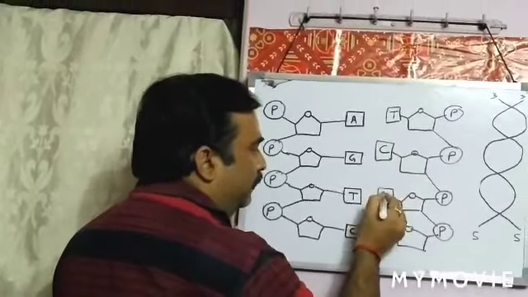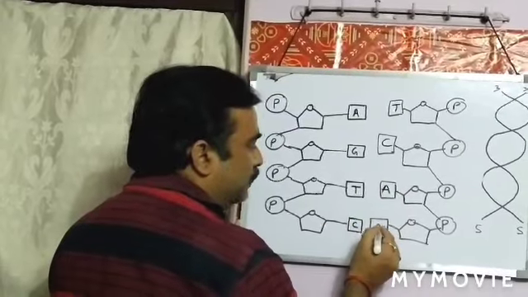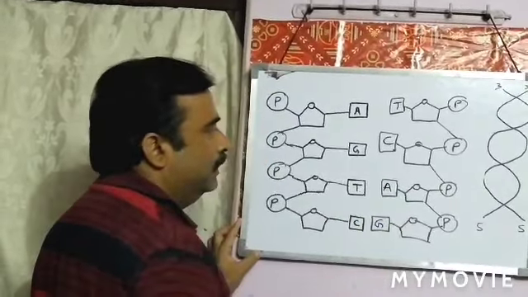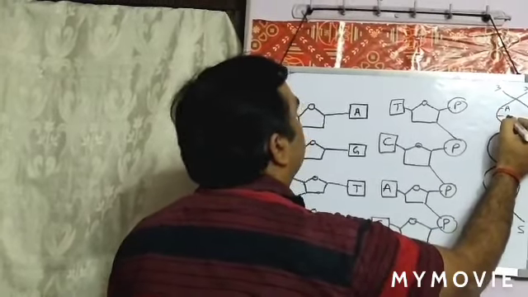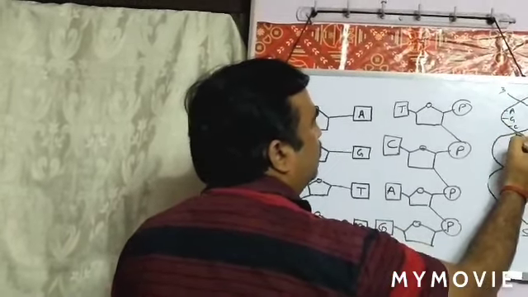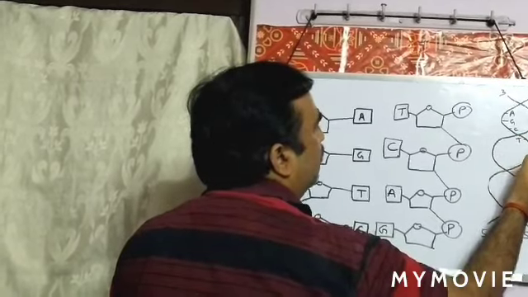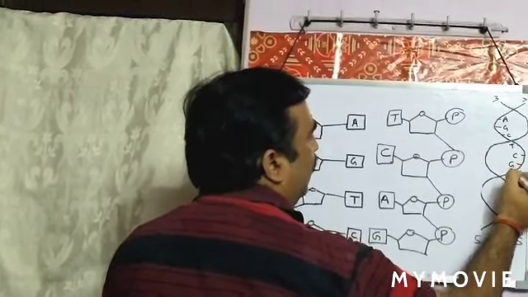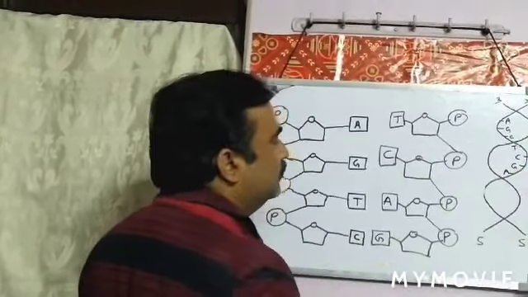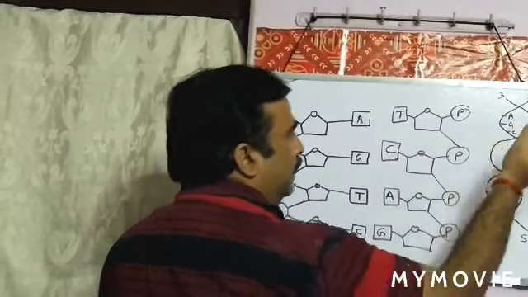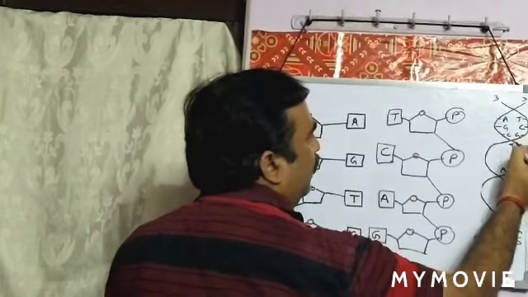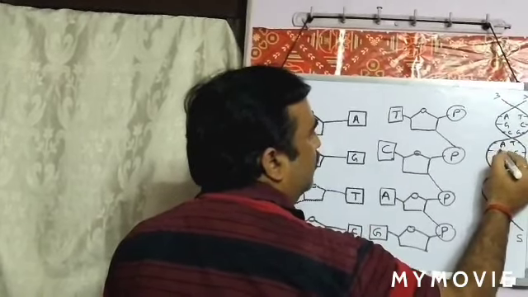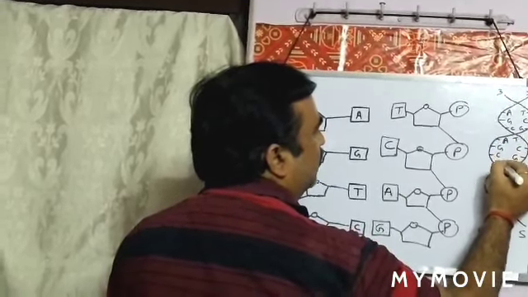Thymine is complementary of adenine. Cytosine is complementary of guanine. And we can represent like this: adenine, guanine, cytosine, thymine, cytosine, guanine, adenine. On the other side, thymine, cytosine, guanine, adenine, guanine, cytosine, thymine.